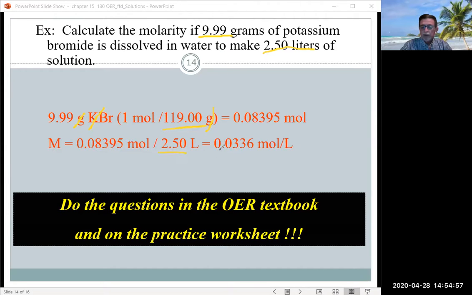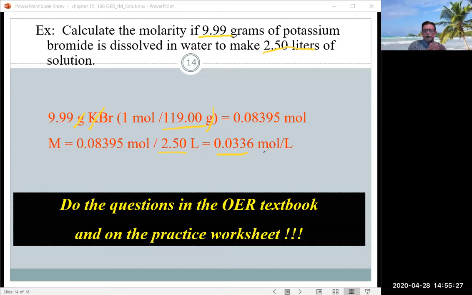Okay. And so now my molarity for this solution is 0.0336 moles per liter. Okay. So if I weigh out 9.99 grams and I dissolve it in water to make 2.5 liters of solution, my molarity would be 0.0336 moles per liter. Okay.